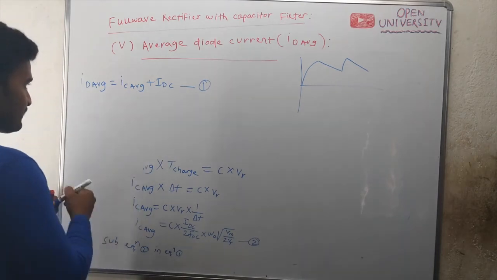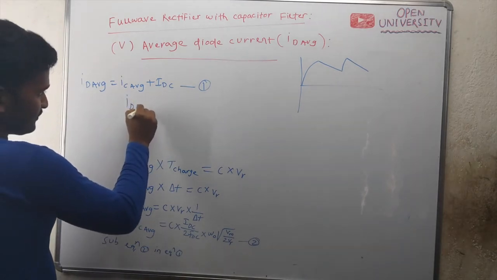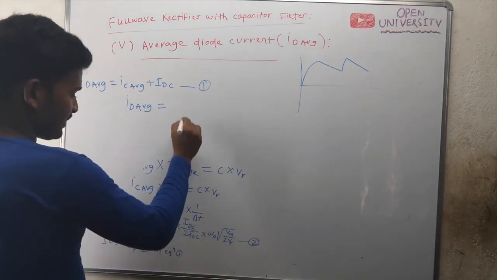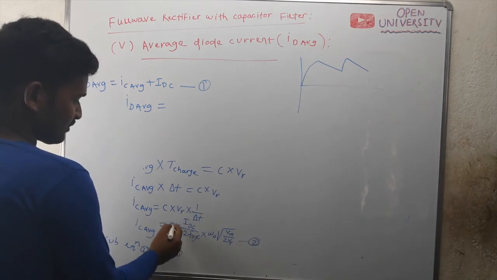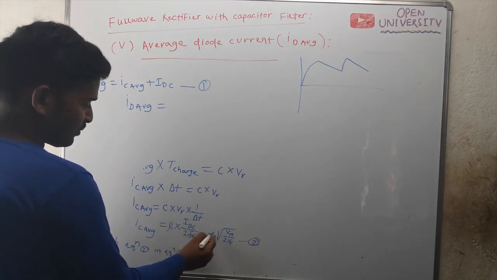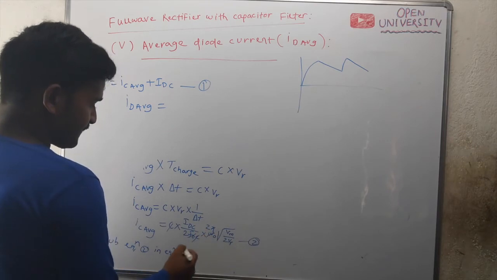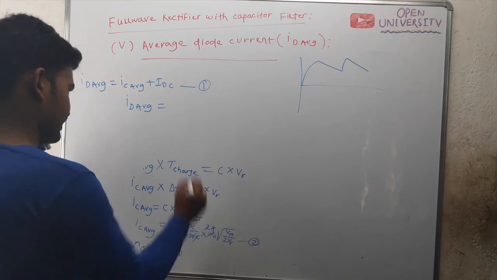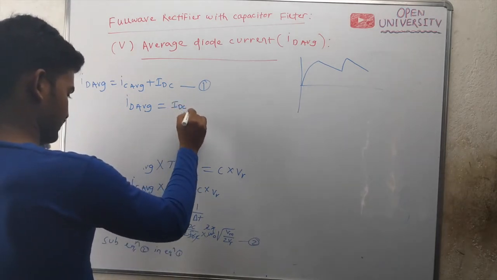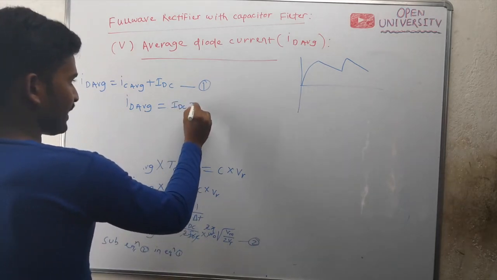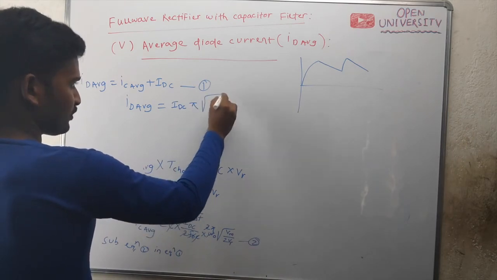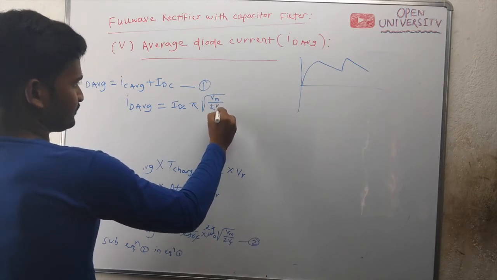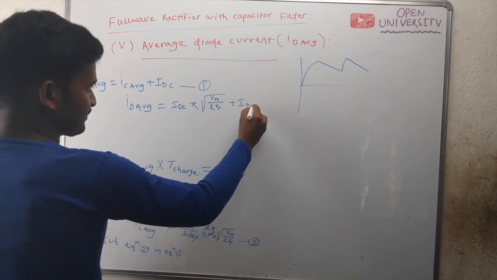So substitute it. Your ID average equal to IC average plus IDC. IC average, you can cancel here. C, C cancel. So F naught omega naught will cancel. There will be only 2 pi. So 2 to cancel. You can write IDC into pi under root of Vm by 2 VR plus IDC.